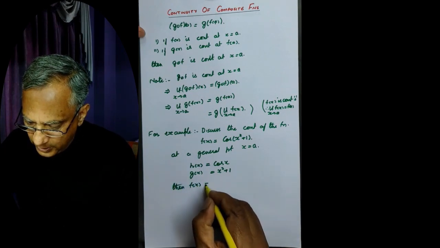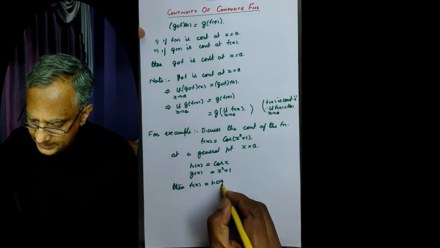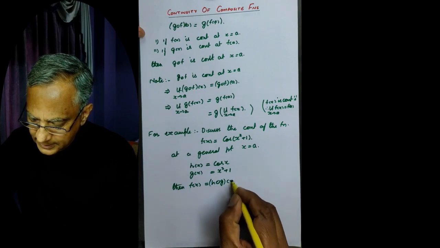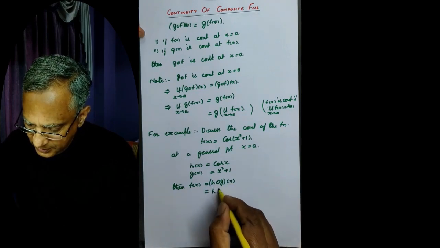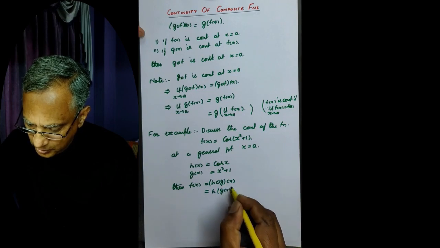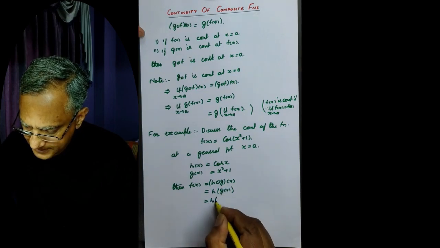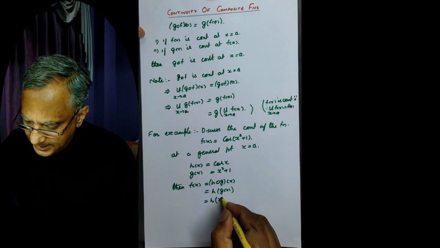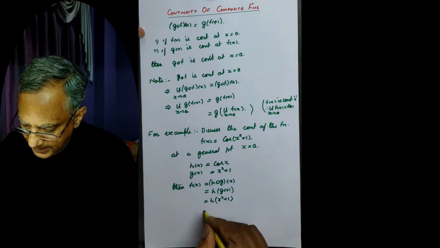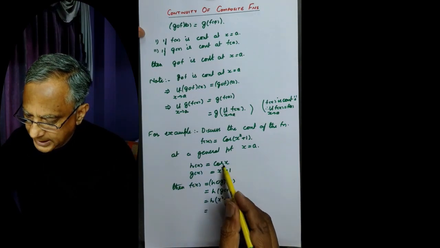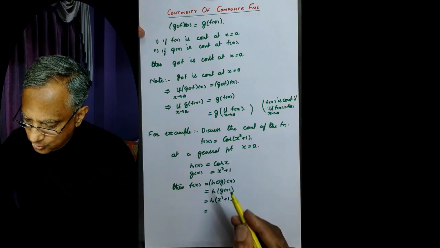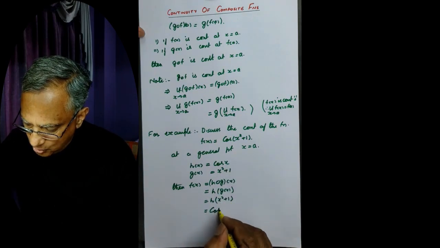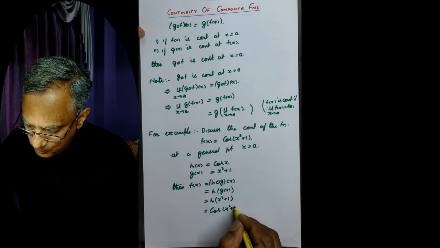and then f(x) is equal to h of g(x). How much is g(x)? g(x) is x square plus 1, and h(x) is cos x. So replace x by x square plus 1, and what we get is cos of (x square plus 1).